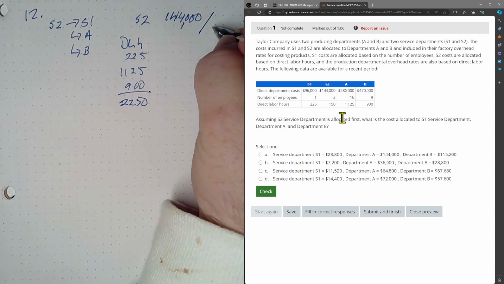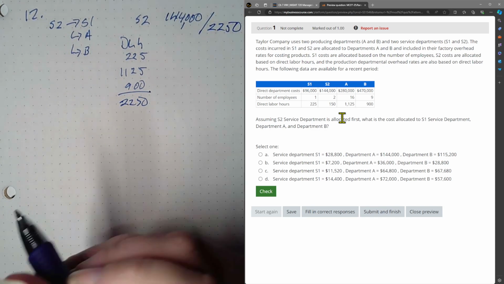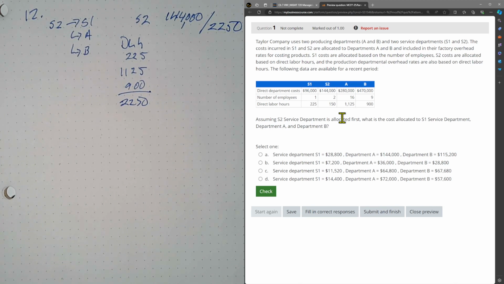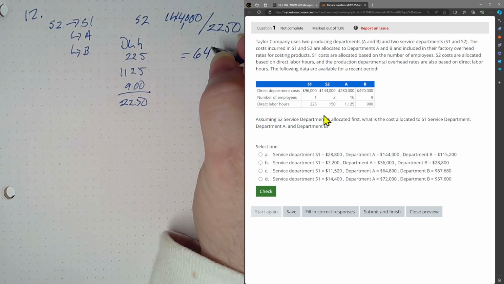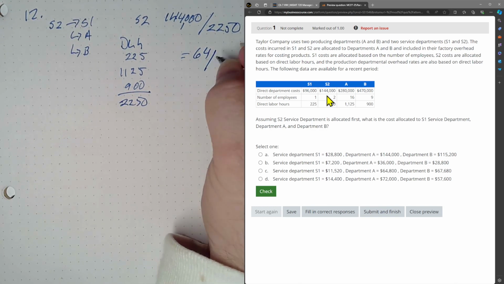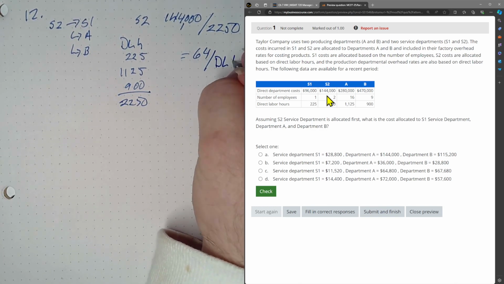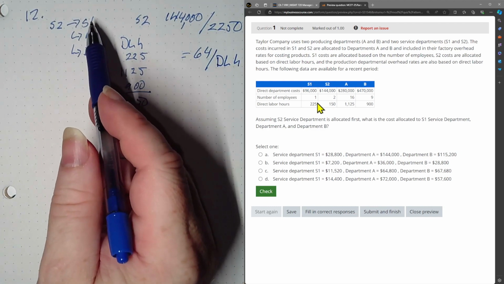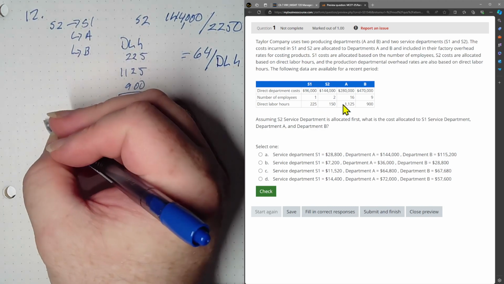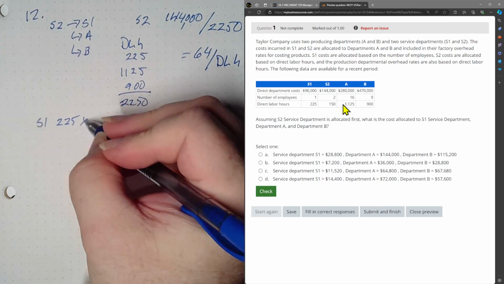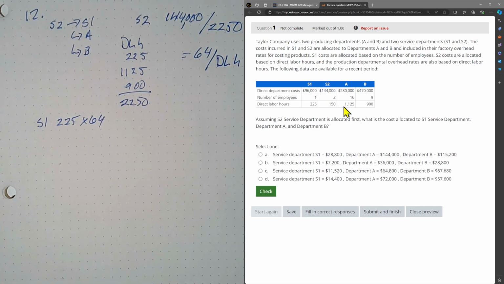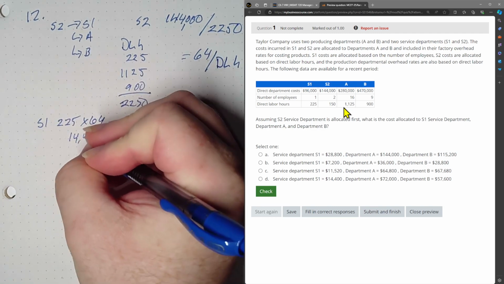If I divide 144,000 by 2250, we're allocating this based upon $64 for every direct labor hour. Now how are we going to allocate it between the three departments? Well, S1 is 225 hours times 64, or 14,400.